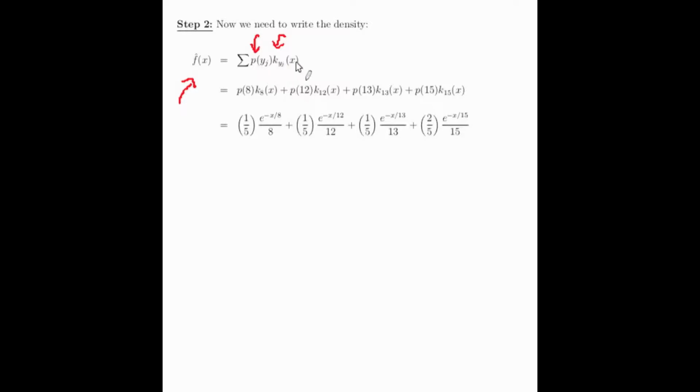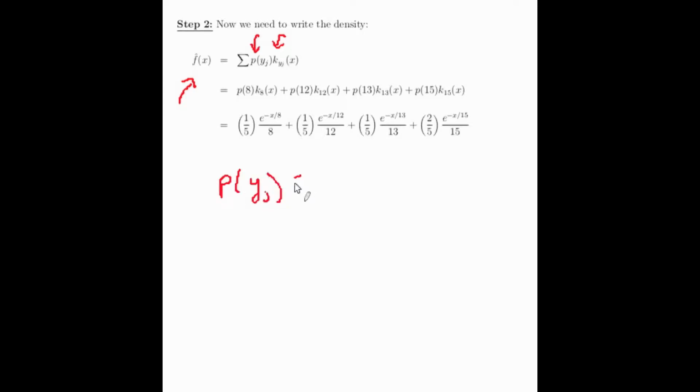So for each kernel centered at some mean, we're going to find the probability of that mean occurring from our discrete data and multiply them together. This is actually easy to see when you write it all out. All you have to do is calculate the probability of 8 occurring times the kernel at 8, plus the probability of 12 occurring times the kernel at 12, all the way out to the probability of 15 occurring times the kernel at 15.